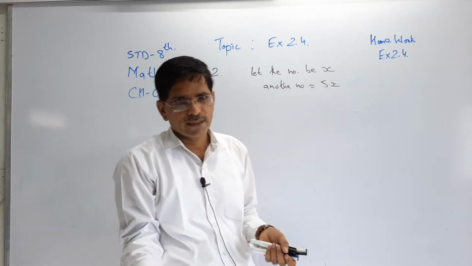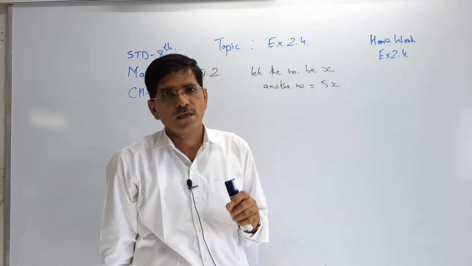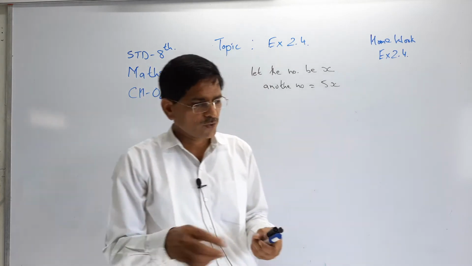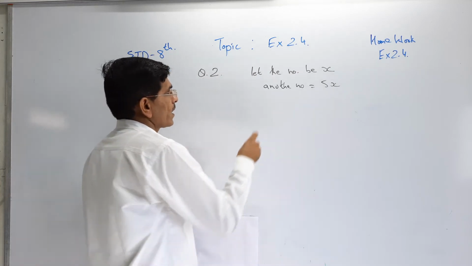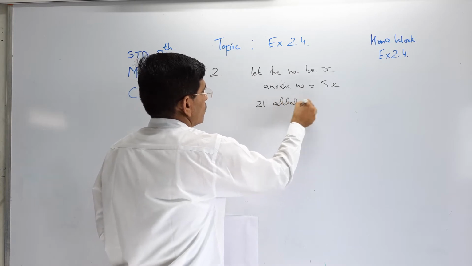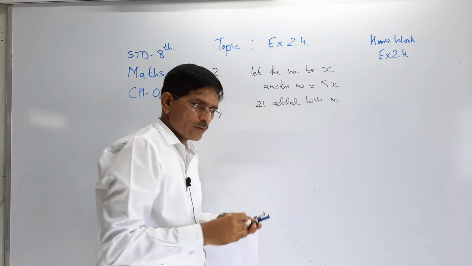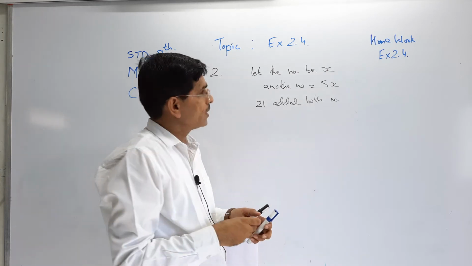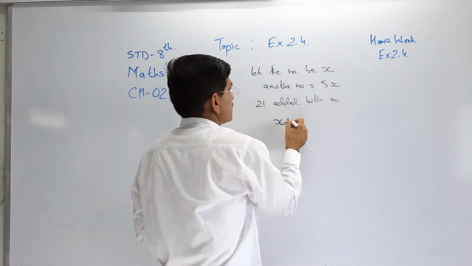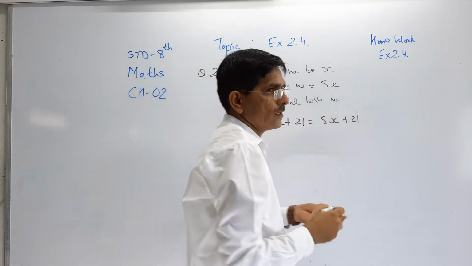Again I dictate the question. A positive number is 5 times another number. Now 21 is added to both numbers. So I have to add 21 to both numbers, that is x plus 21 and 5x plus 21.